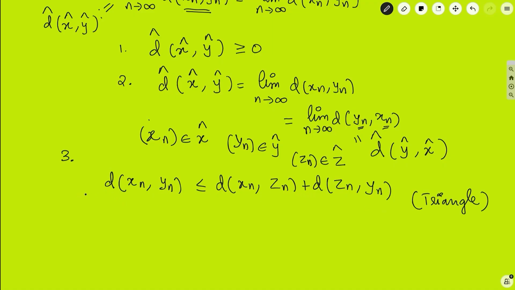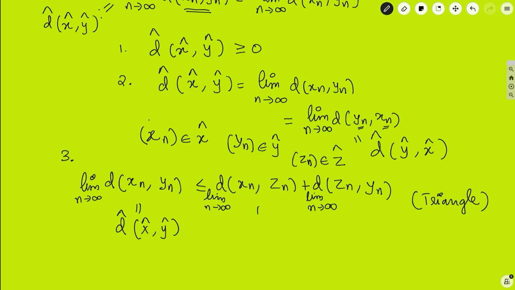Now what you need to do is just take the limit on both sides, limit as n tends to infinity here, here, and here. What is the limit of the distance between xn and yn? It's nothing but the distance between x hat and y hat by our definition.